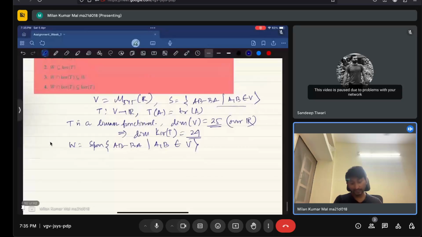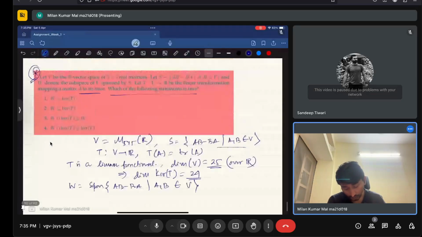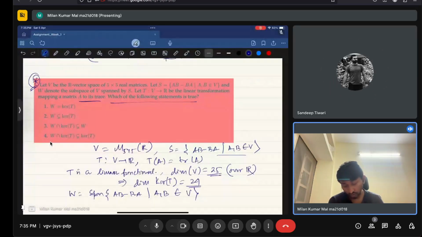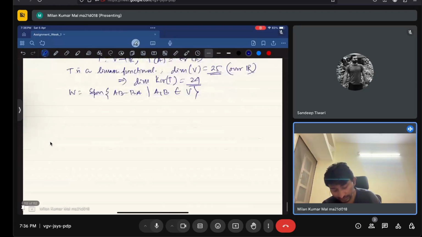We don't need to go to dimension actually. I have to check whether W is in the kernel or not, and whether it is exact or not.